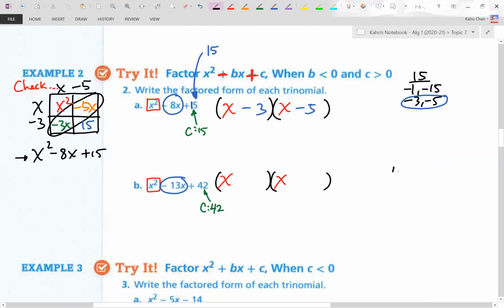So we have 42 broken down will give me, let's see, negative 1, negative 42, negative 2, negative 21, negative 3, negative 14, negative 6, oh, there it is, negative 6, negative 7, yay.